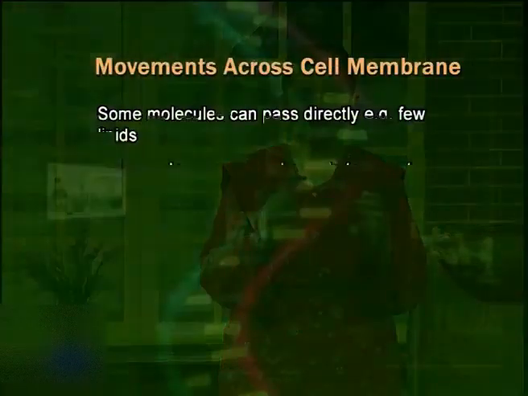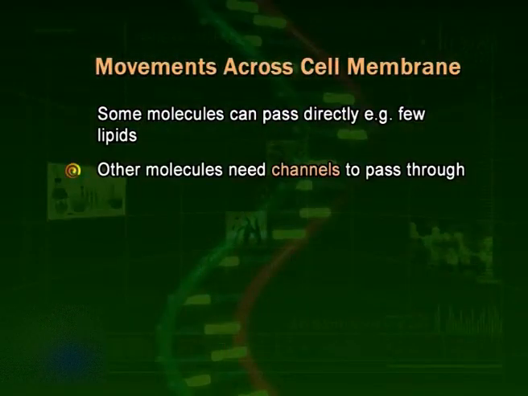There are certain molecules which are lipid-like. As we know from the structure of the cell membrane overall, if a molecule is like a lipid, for example a fat-type hormone, it can directly pass through the cell membrane and come inside, or it can pass out.